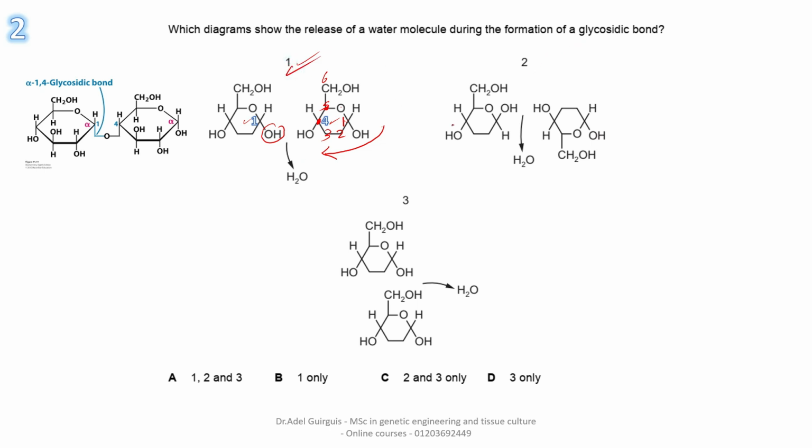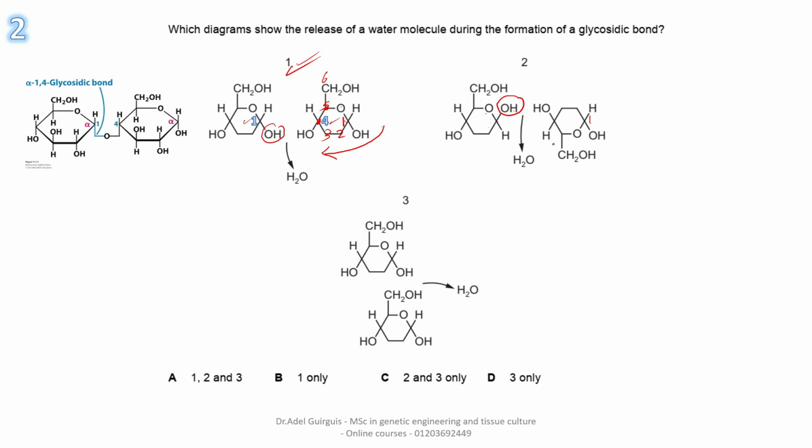What about 2? For 2, look at the OH lying above, perpendicular on the plane of the ring, so this is beta glucose unit. The other molecule is beta also, where OH here for carbon number 1 lies above. How come? This down.